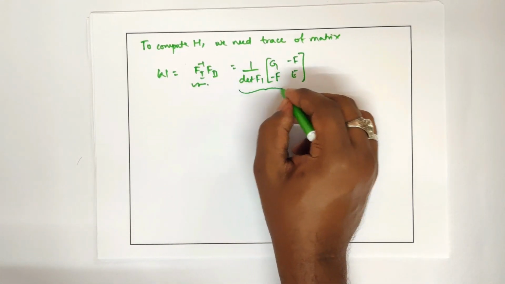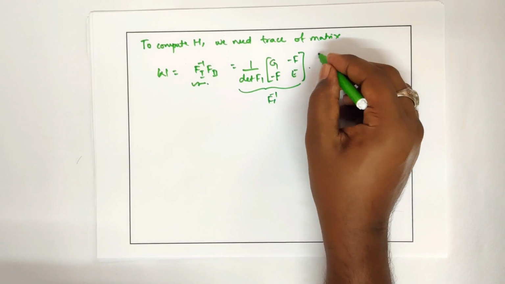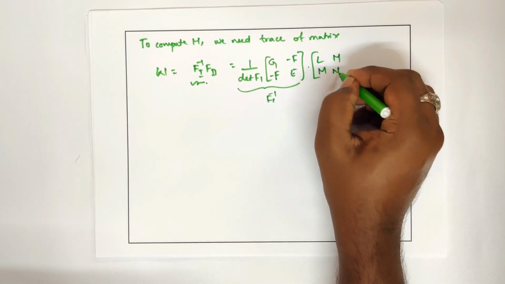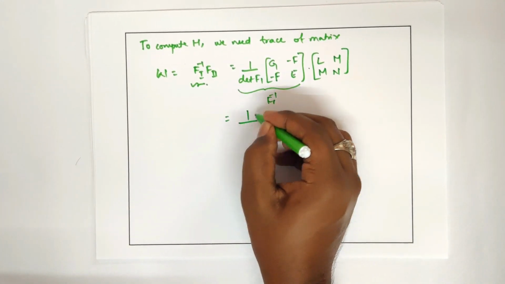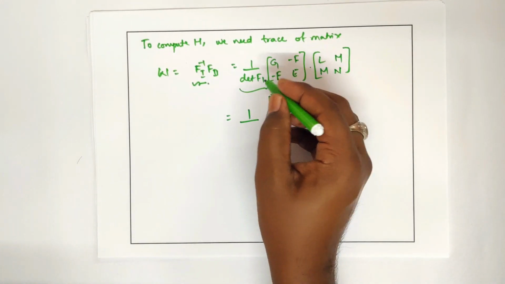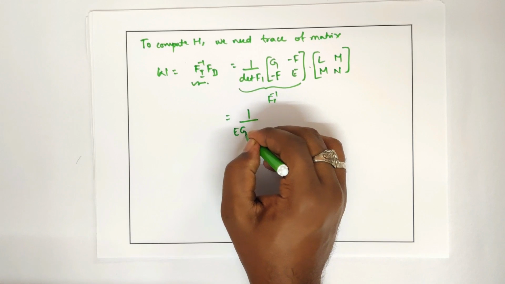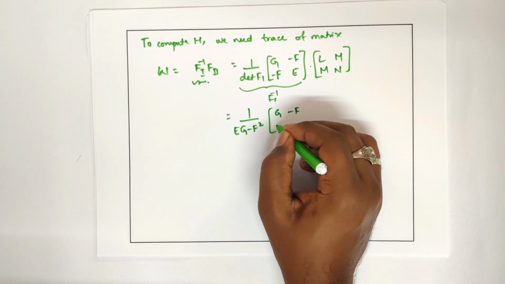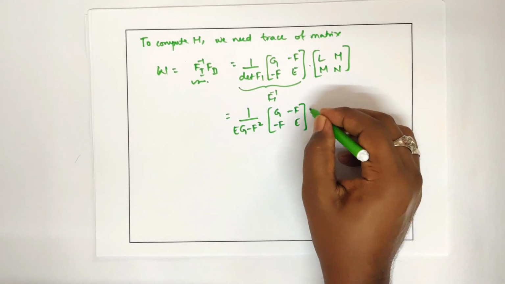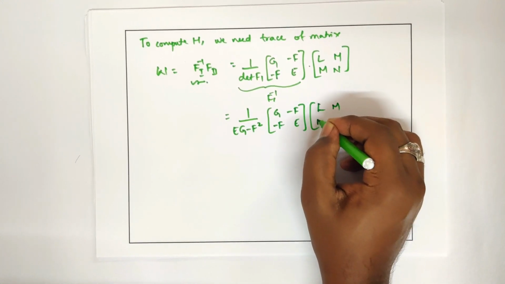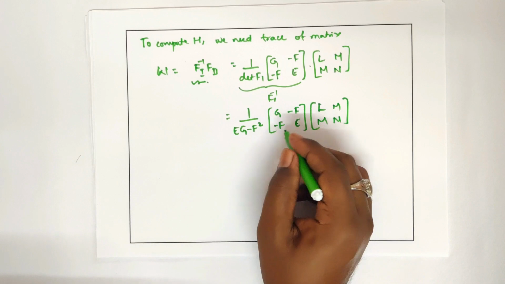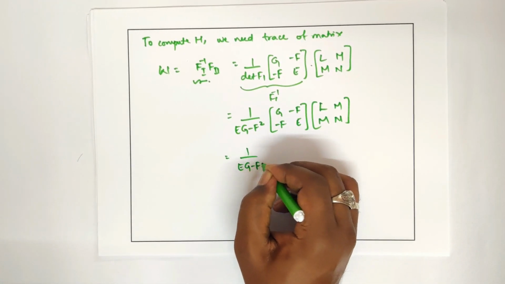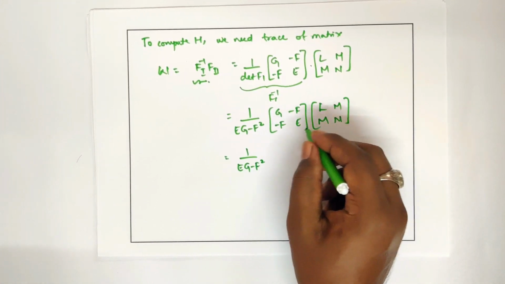So this is our F1 inverse multiplied with our F2, which was the 2 cross 2 matrix L, M, M, N. So this is nothing but 1 by determinant of F1, and just now we have written determinant of F1 was Eg minus f square, times G, minus F, minus F, E, times L, M, M, N. If you try to simplify this whole matrix, the first term let us keep the same and we will simplify this matrix.